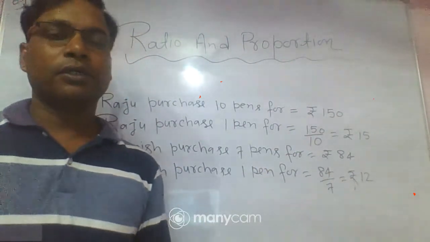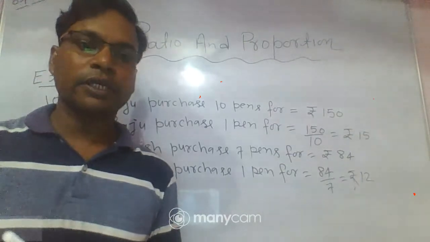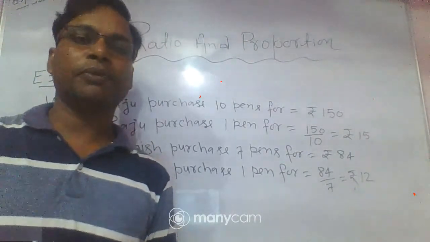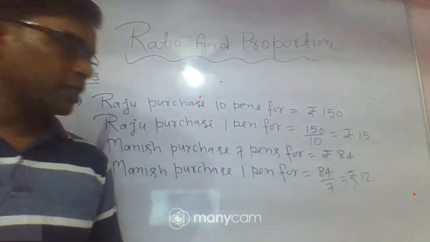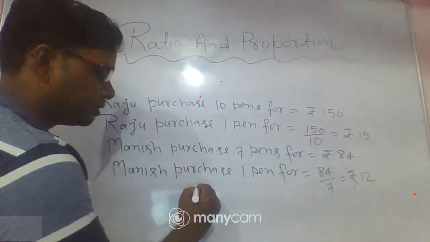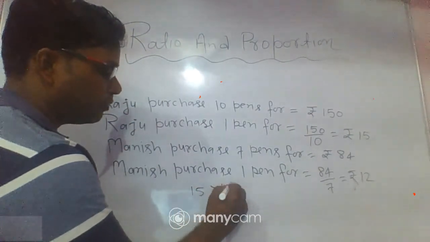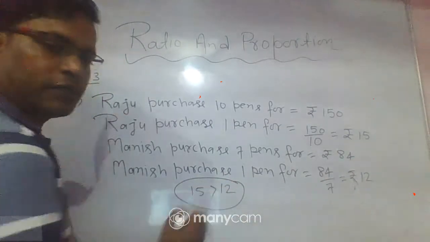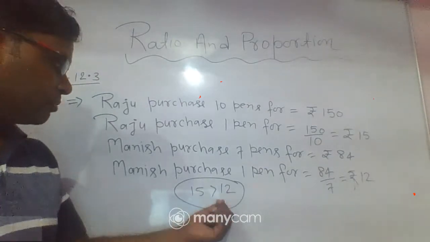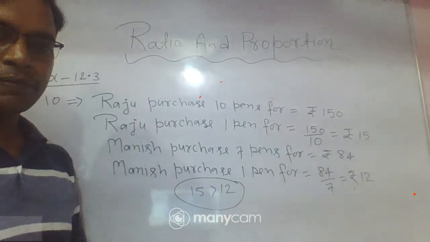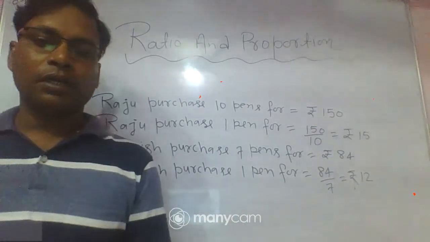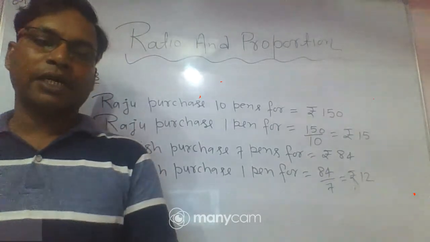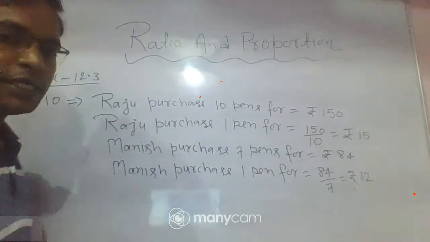Okay. So for 12 rupees Manish purchased one pen, and for 15 rupees Raju purchased one pen. So you decide who got the cheaper pen. Tell me. So you can see 15 is greater than 12, thus Manish got the cheaper pen.